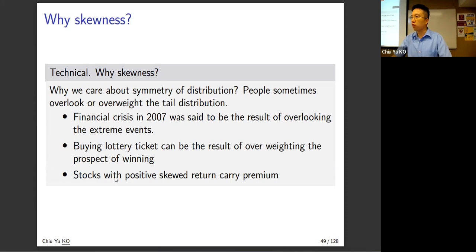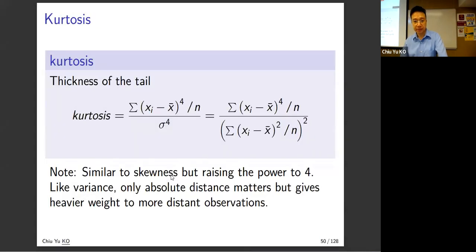Whenever the name was related to .com, the stock could rise like crazy. Recently it's the same: whenever you have AI, the stock goes insane. Same idea here. Because you expect that if the AI thing comes out and wins, then there's a lot of profit from that. It's not that people are crazy, it's just that people think of it as a lottery ticket. It's kind of okay. And that's why skewness is important, right?